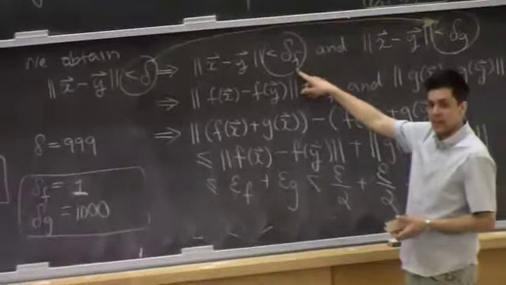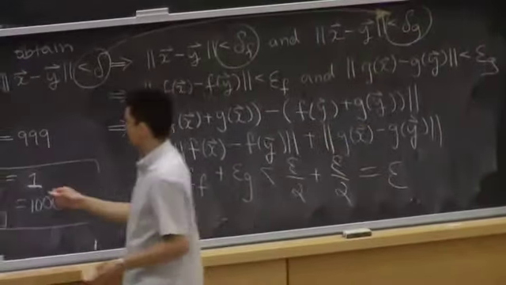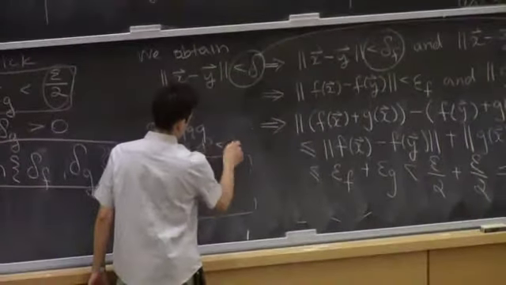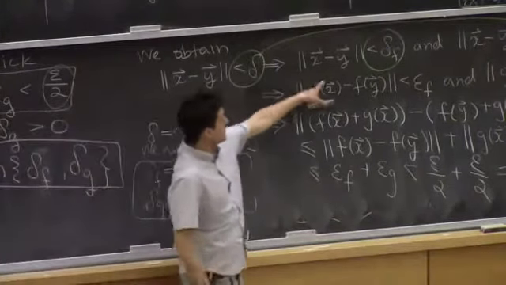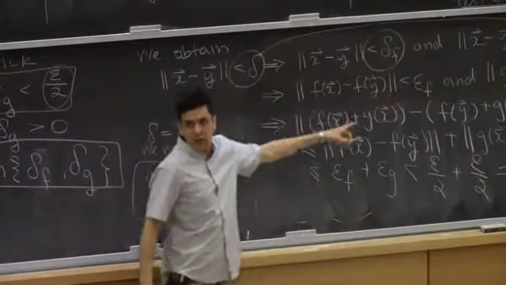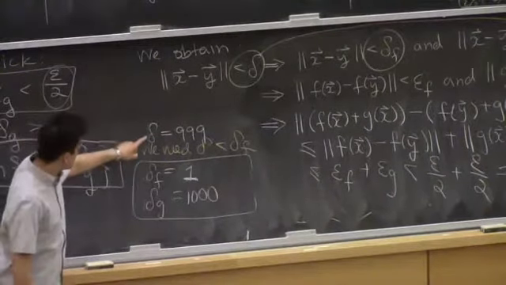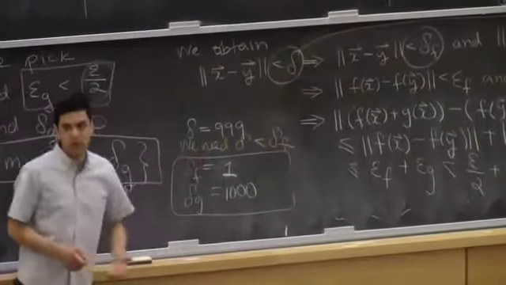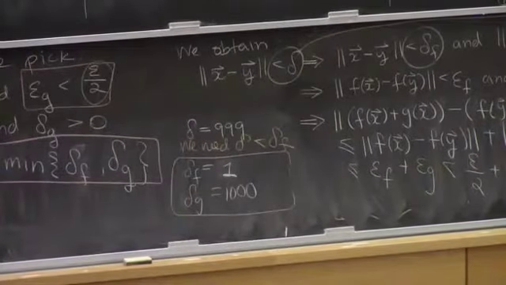But it wouldn't imply delta F. And that would be bad because I need delta F. So we need to be able to get this implication to delta F here, right? And that's the reason why we always pick a minimum. We want to make sure that we don't have delta in between delta F and delta G. It needs to be smaller than both. Any other questions or thoughts there?